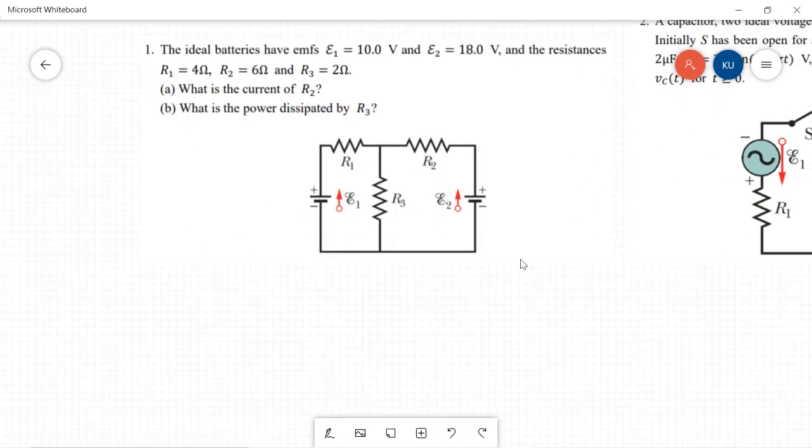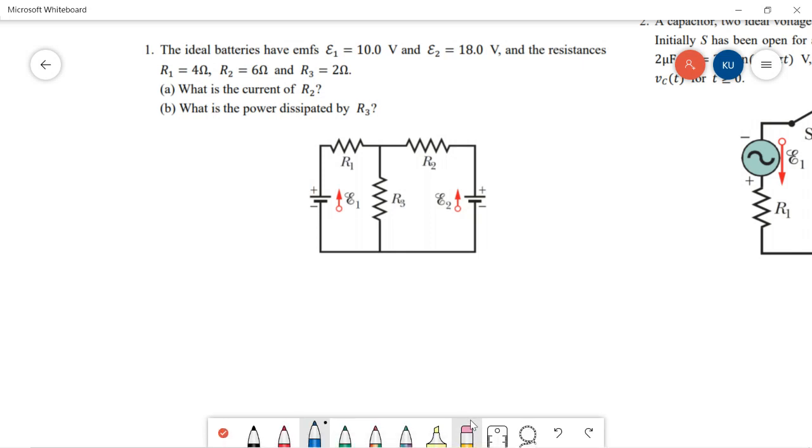Okay, so this is the first one. The ideal battery, this one and that one. We have two batteries, E1 and E2.